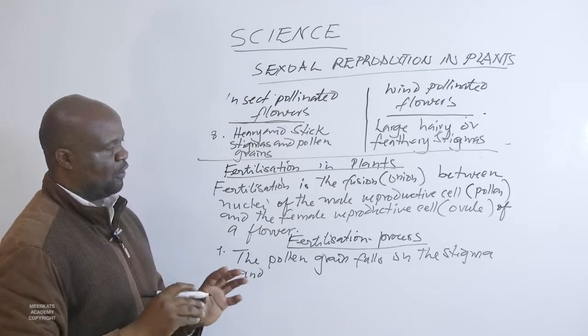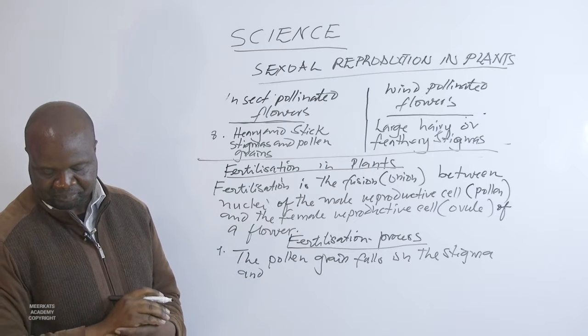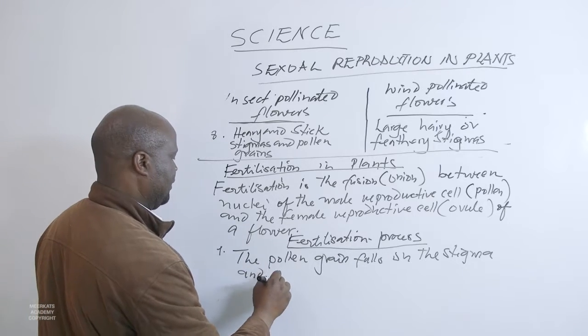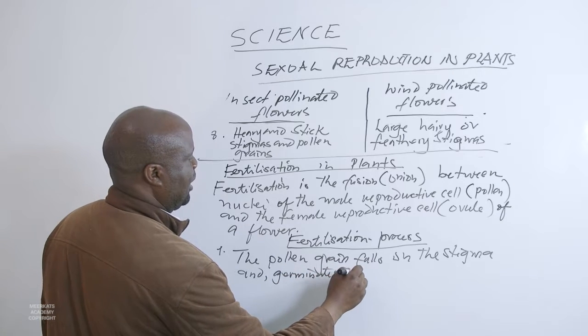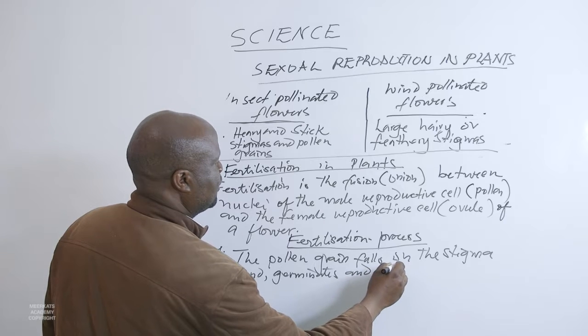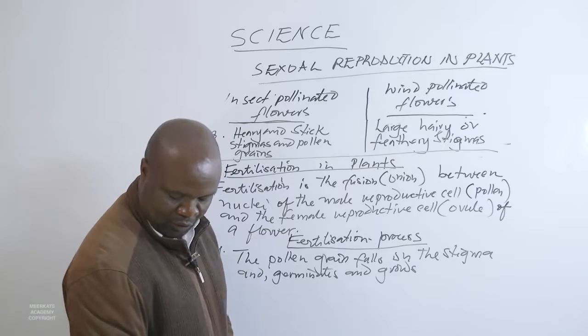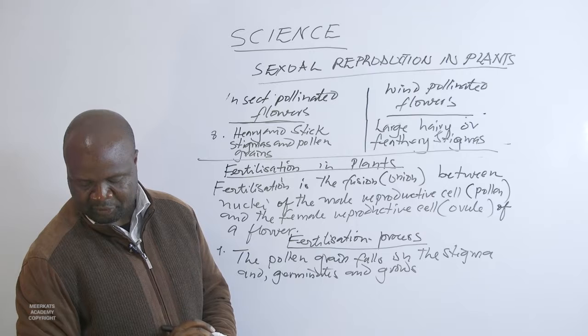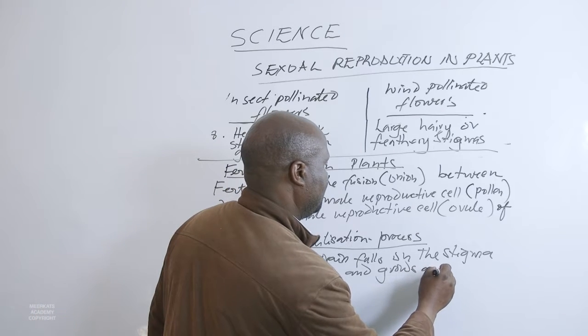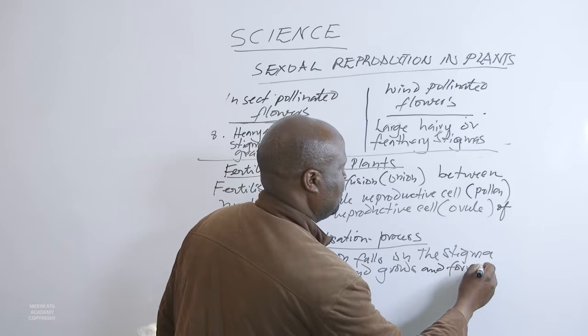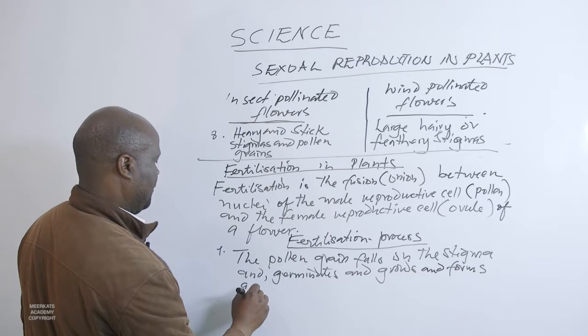So the pollen grain falls on the stigma, germinates, and grows, and forms a pollen tube.